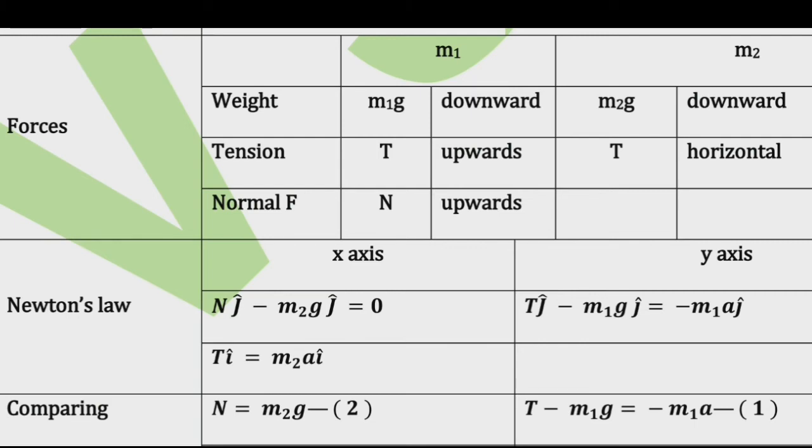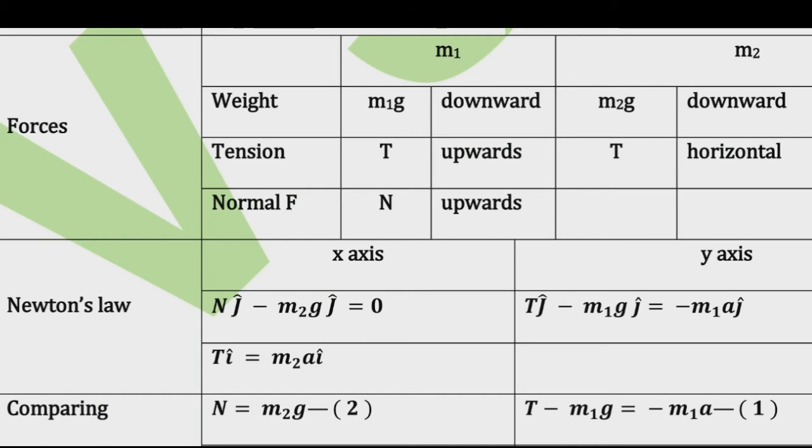By comparing the components on both sides of the above equation, we get T minus M1g is equal to minus M1a. Applying Newton's second law for mass M2.